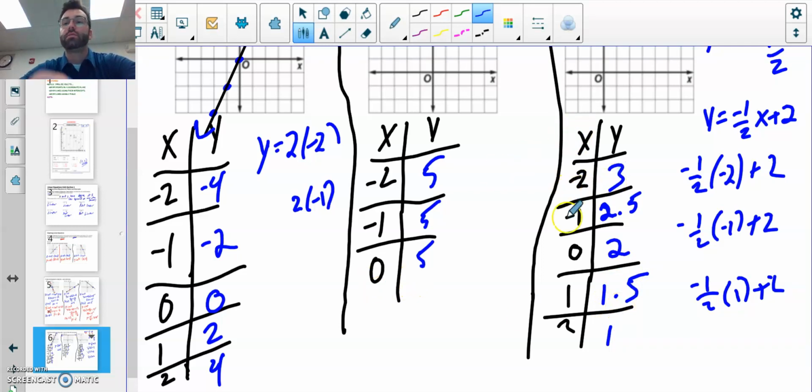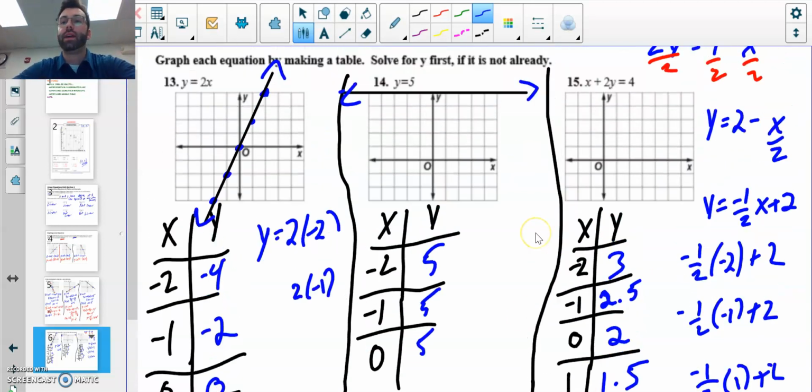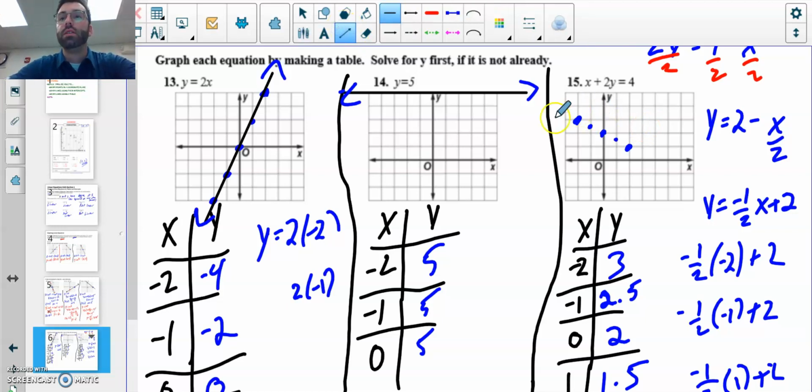Okay, so I want to graph these, as best you can: (-2, 3), (-1, 2.5), (0, 2), (1, 1.5), and (2, 1). Do your best when you guesstimate, and then your graph should look something like that.